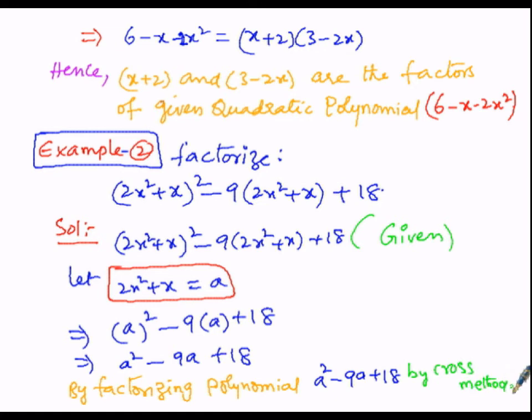We can use the cross method, or in other words, the splitting of the middle term as the sum or the difference of two factors. Here I am utilizing the cross method. So a square minus 9a plus 18 can be written by the cross method.